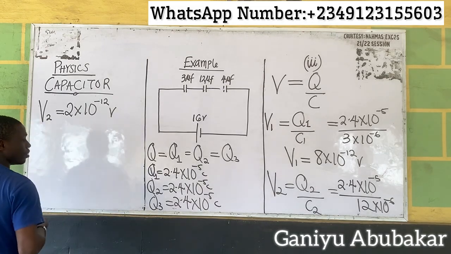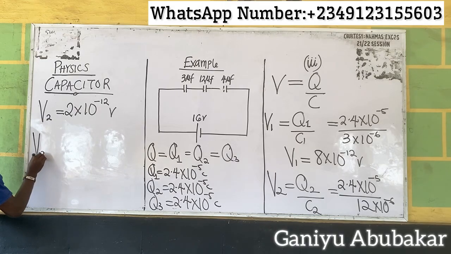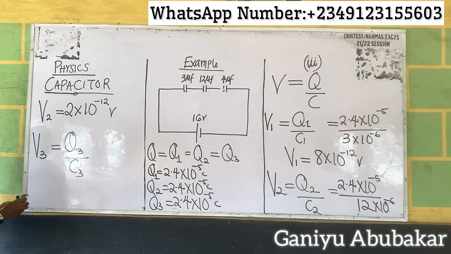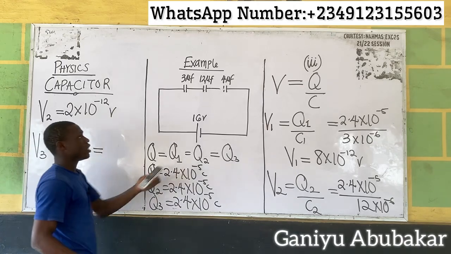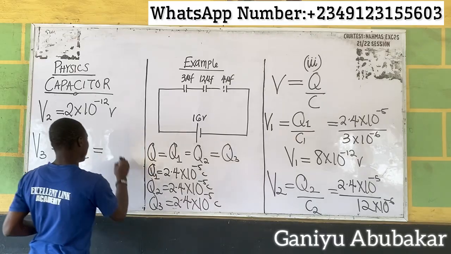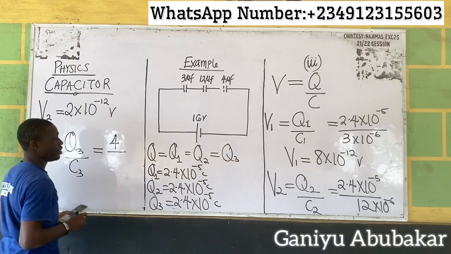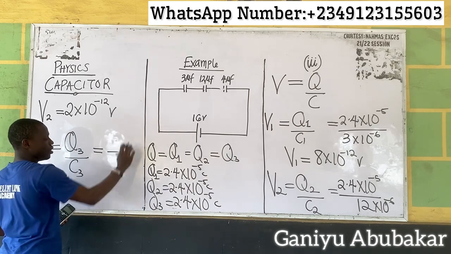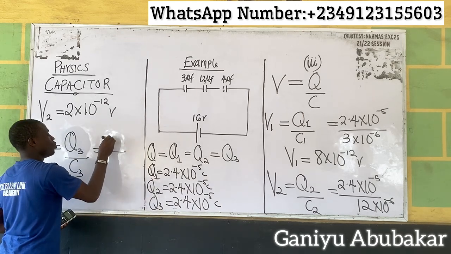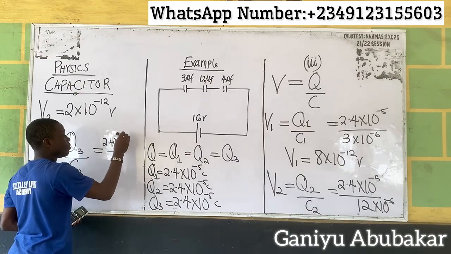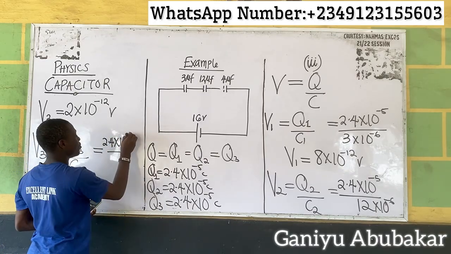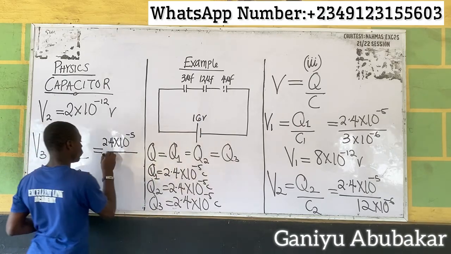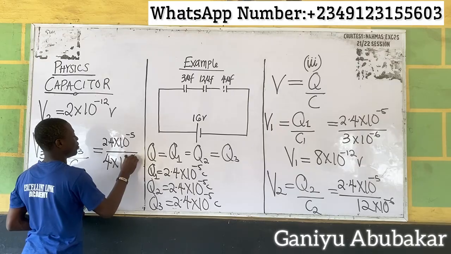V3 will be equal to Q3 over C3. Q3 is 2.4 times 10 to the power of minus 5, all over C3, which is 4 times 10 to the power of minus 6.